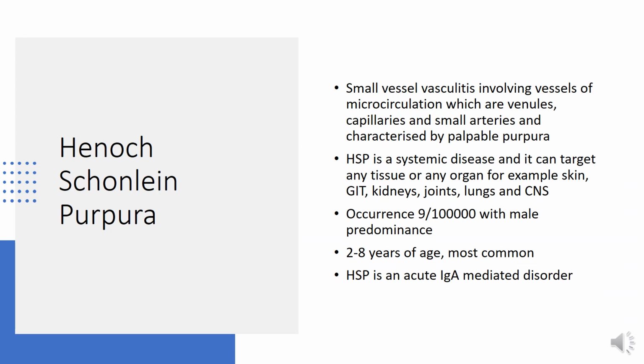Immunoglobulin A vasculitis. IgA vasculitis, formerly called Henoch-Schönlein purpura, is the most common form of systemic vasculitis in children. 90% of cases occur in the pediatric age group.